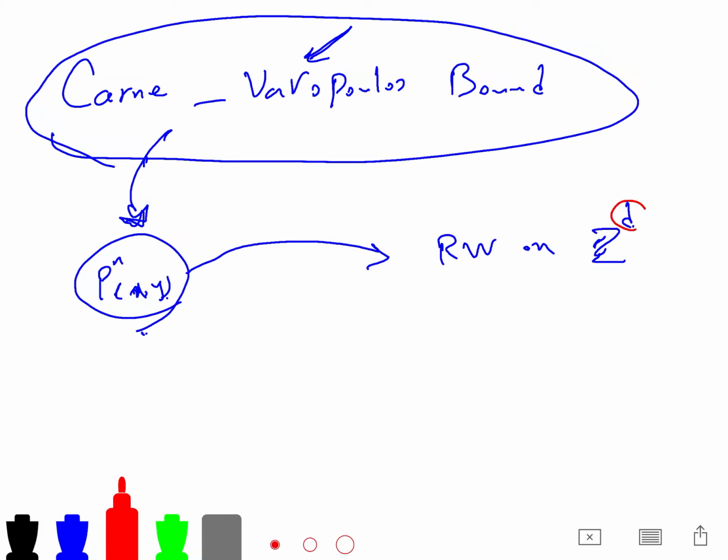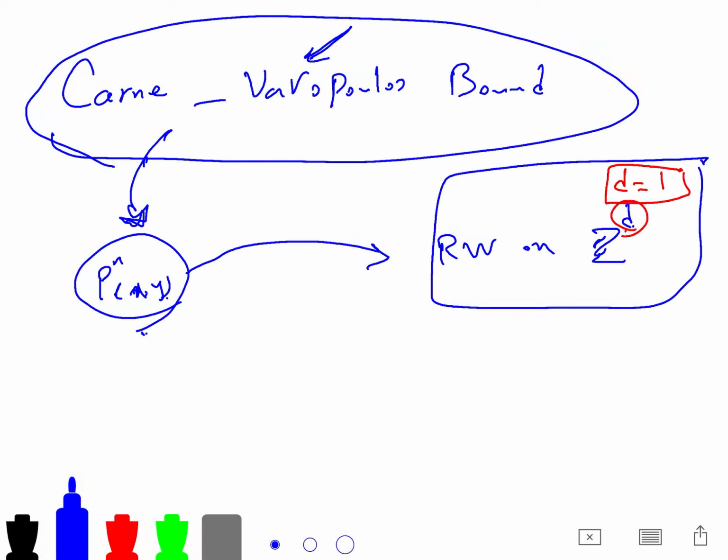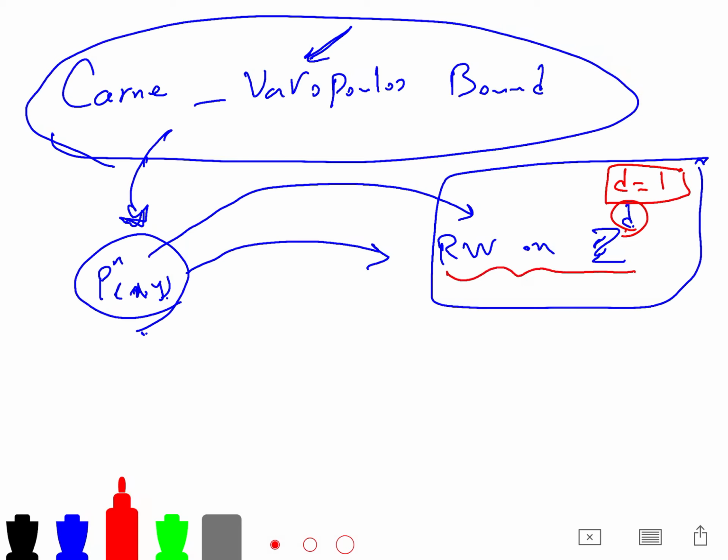Of course, we just need to use it for d equal to 1 in the proof of this. And this is a very interesting result because you have related a very complicated object to a simple object like a random walk on Z^d, which we are very familiar with. We can create beautiful measures on that. We understand it. There are several books written on this. So this side is very simple.